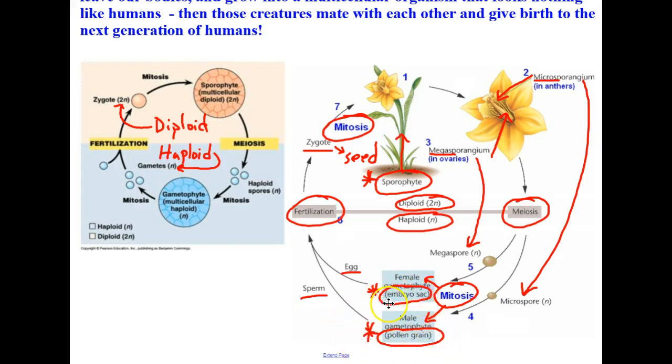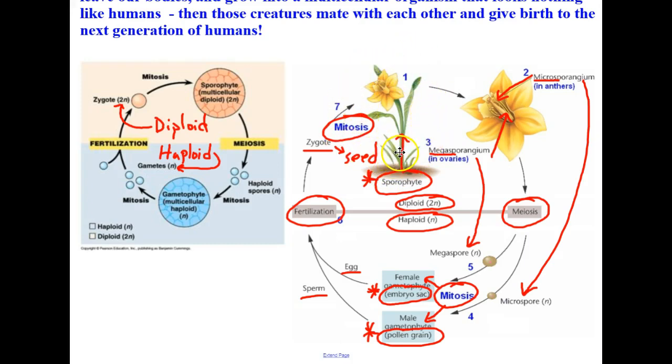The egg in the embryo sac, and the sperm in the pollen grain then come together under the process of fertilization. They produce a zygote, which is diploid. This produces a seed, which then grows into the next sporophyte.